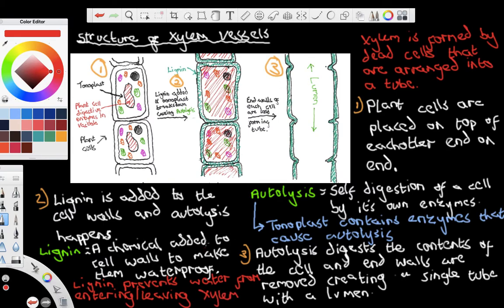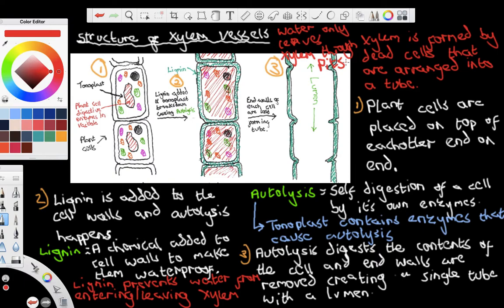This is supposed to carry on from here, but it's the only room I've got. Water only leaves the xylem through pits, P-I-T-S.